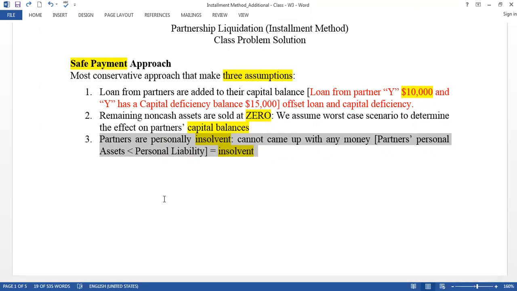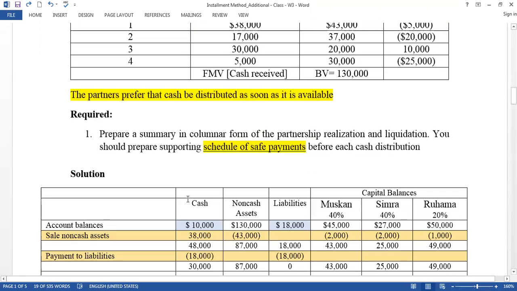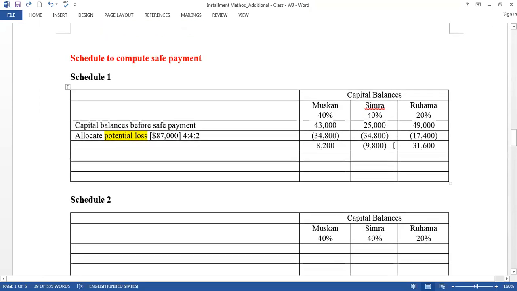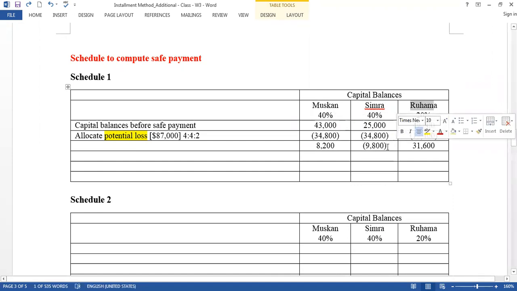So as these people cannot bring any cash, the other two partners, Muskan and Ruhama, are going to share their capital with Shimra to absorb this capital deficiency.